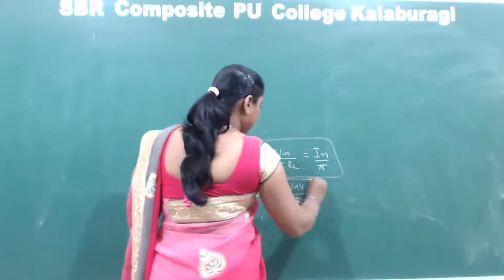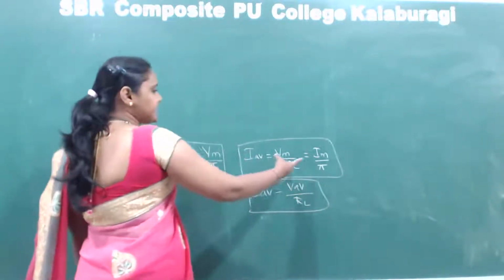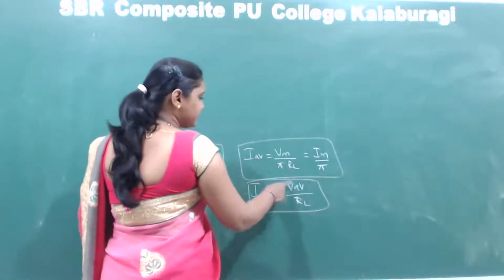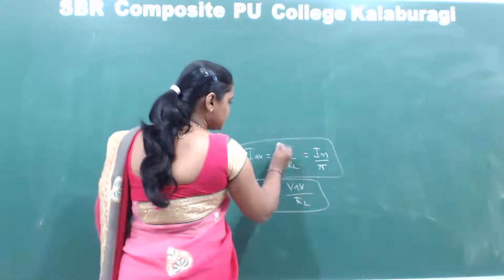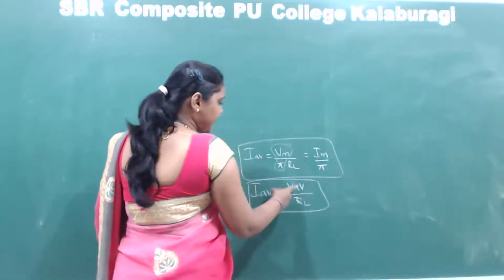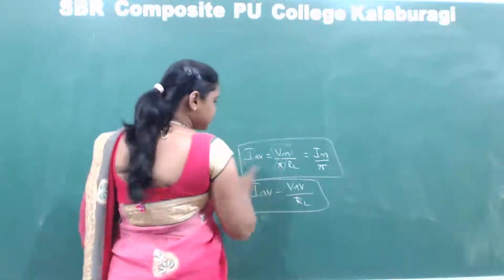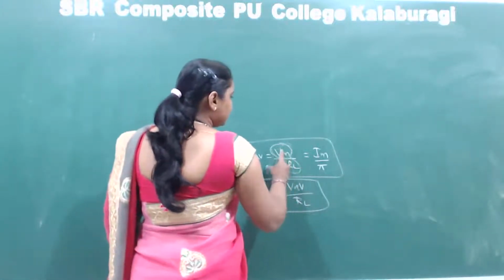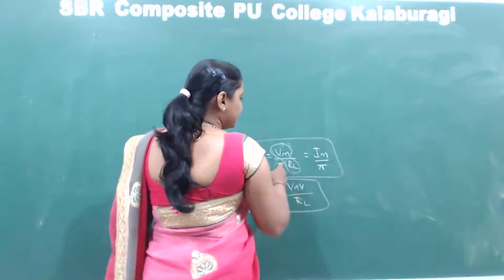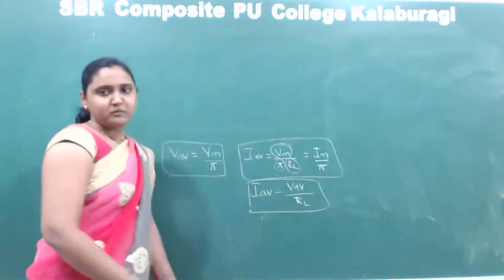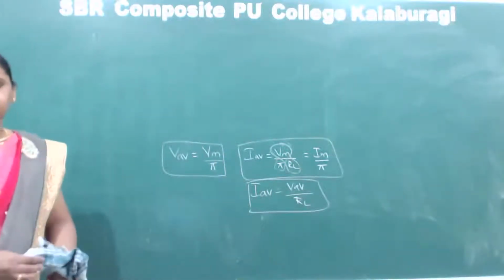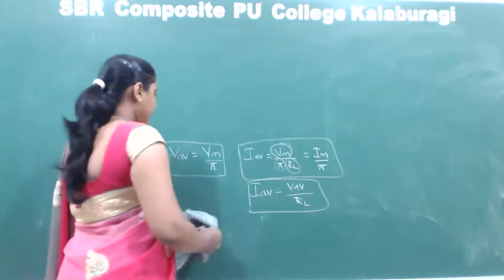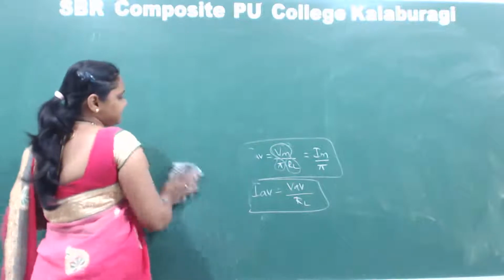V average divided by RL, otherwise Im by pi. If you consider this portion, it becomes V average, that is Vm by pi is V average, divided by RL. If you consider this portion, Vm by RL is Im, pi is left, so Im divided by pi. You can form the expression in this way. So all the three expressions are correct for the I average value of current.